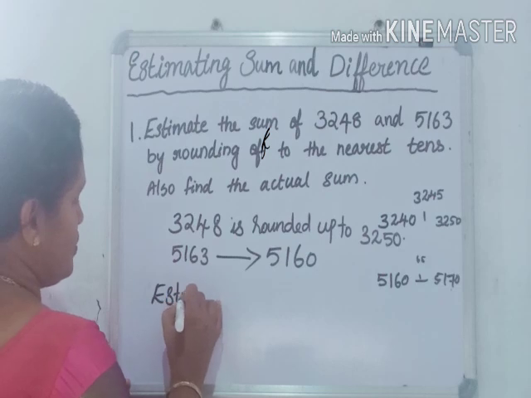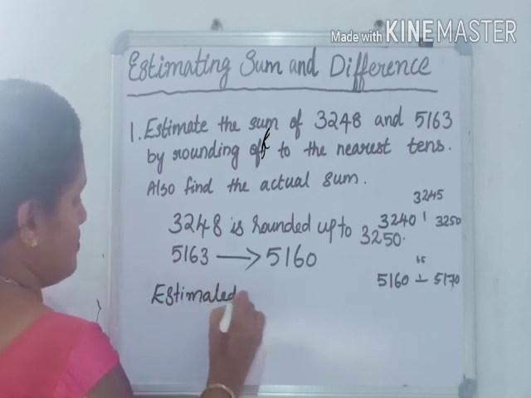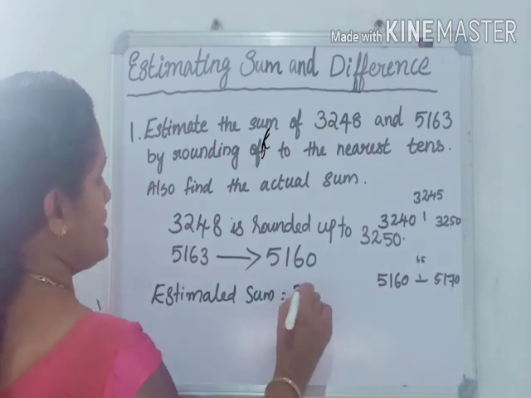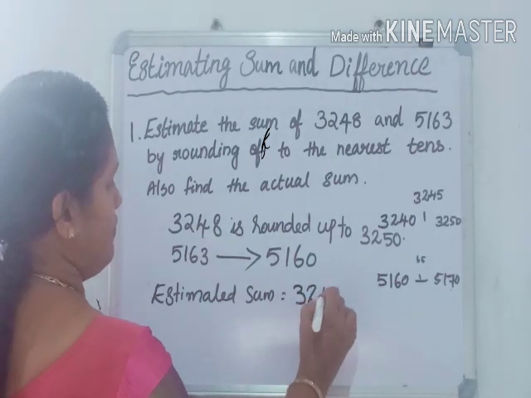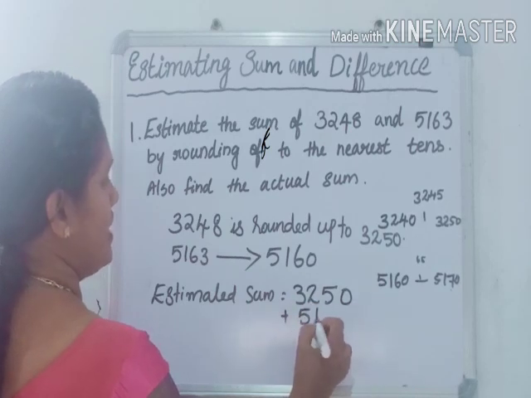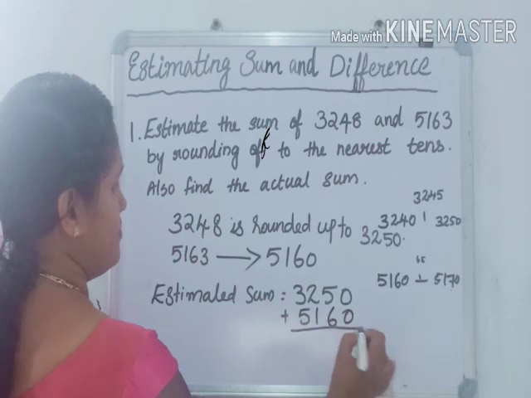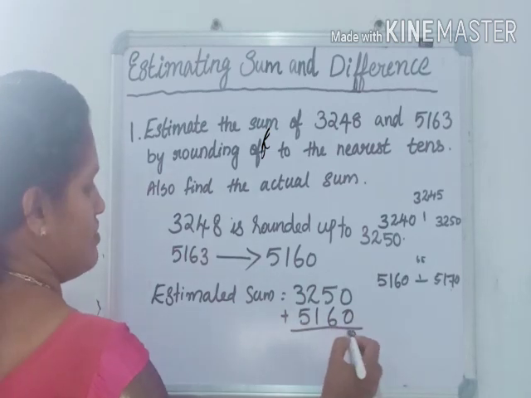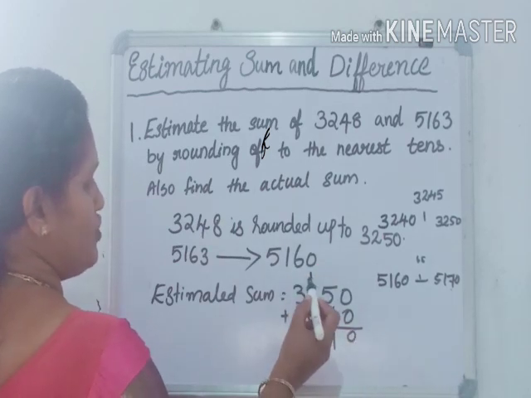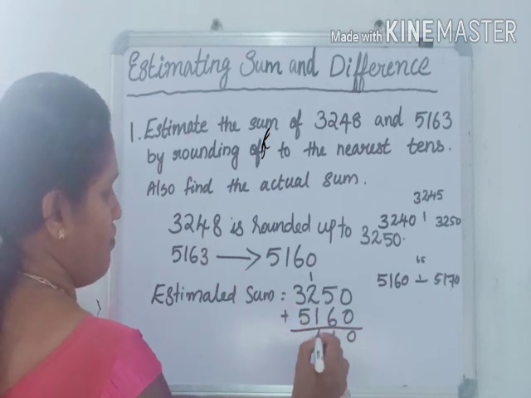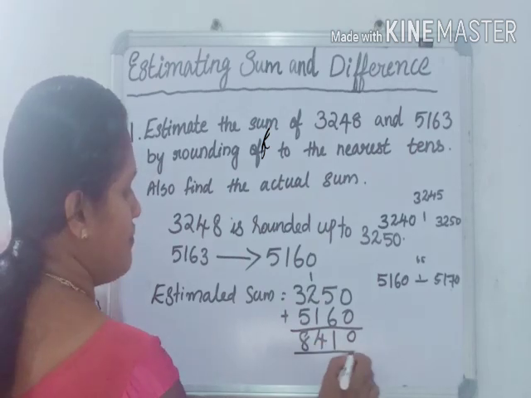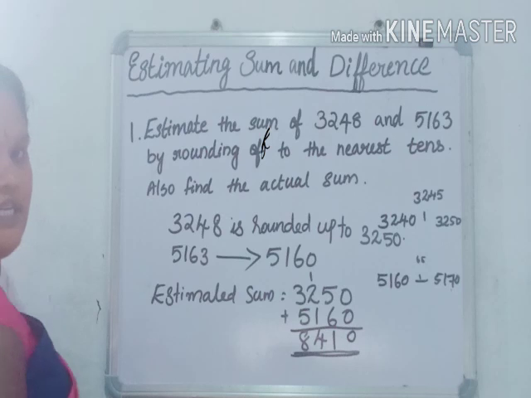Estimated sum is equal to 3250 plus 5160. 0. 6 plus 5, 11. 1 carry over. 2 plus 1, 3. 3 plus 1, 4. 5 plus 3, 8. 8410 is the estimated sum.